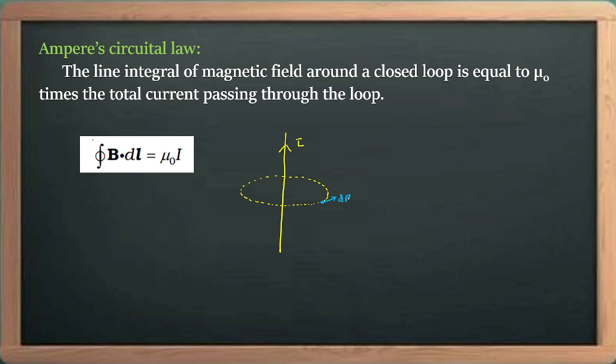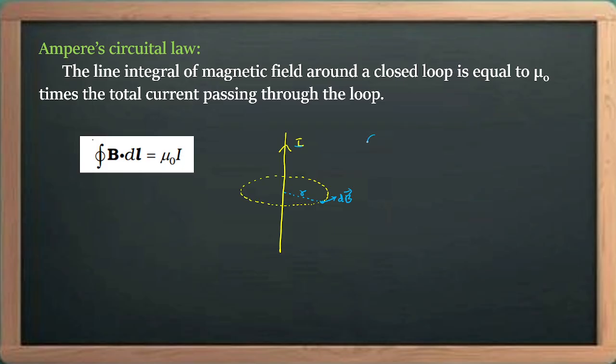That is dB, at a distance small r. The total length along this circumference is L, or 2 pi r. So the total magnetic field around this wire is given by mu naught times current enclosed by this path.